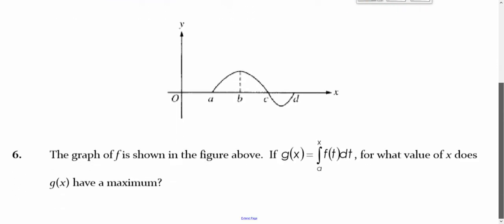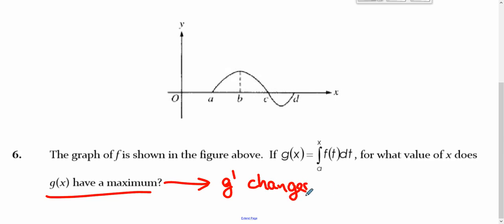Same sort of thing happens here, looking for where G has a maximum. We know that G has a maximum where G prime changes from plus to minus. What's G prime? Well, G prime is the derivative of an integral.